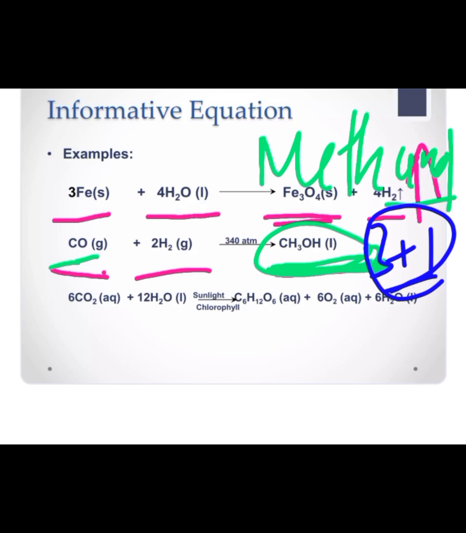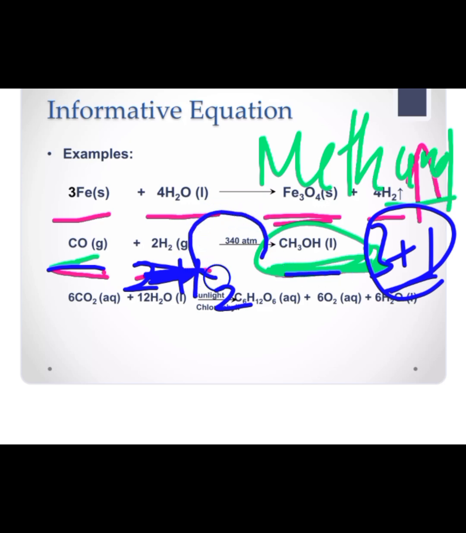Now the H2 gas can be 2 moles to equalize the number of hydrogen atoms on both sides. So the overall reaction is carbon monoxide plus 2 moles of hydrogen gas combines to form methanol.